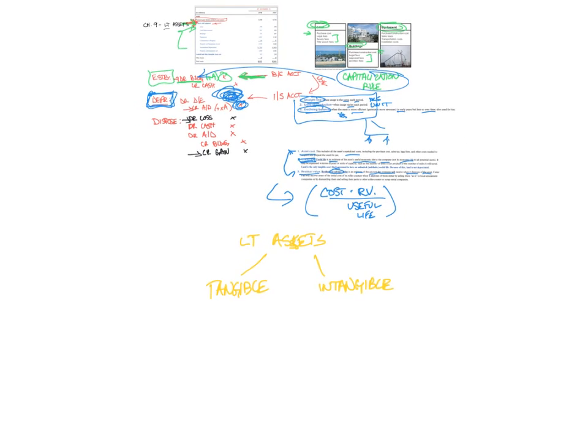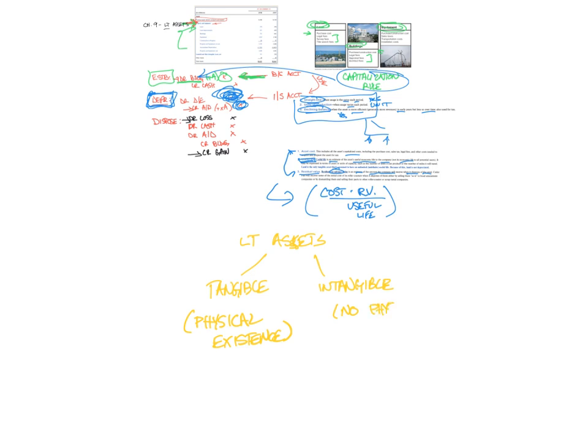Tangible assets have a physical existence, or at least they get their value out of their physical existence. Intangible assets have no physical existence or substance.